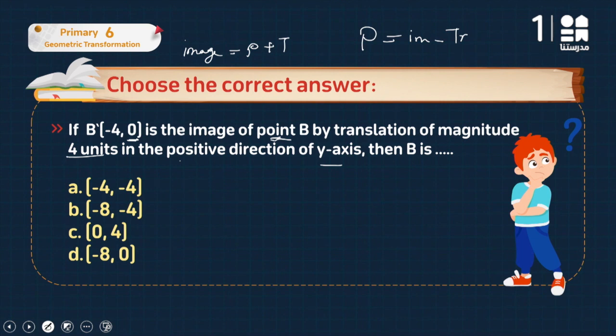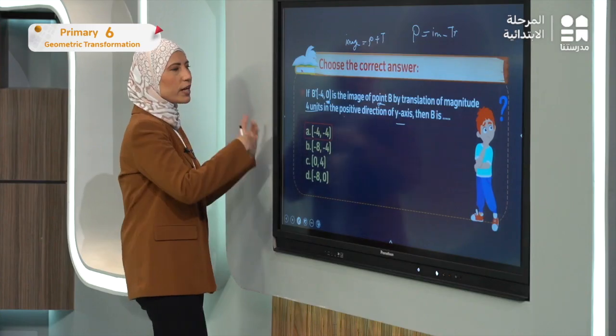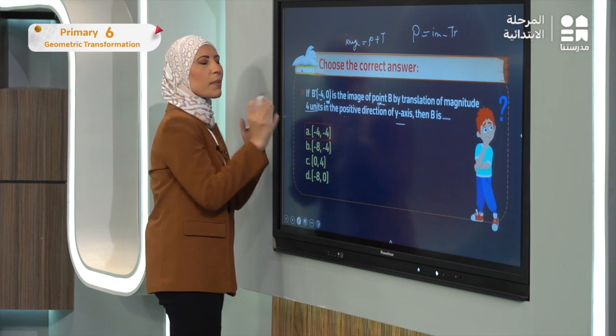طب ادي الايمج في الواي اللي هي الزيرو ماينس الترانسليشن ماينس الفور، يبقى كأنك بتعمل 0 minus 4. So you will going to write negative 4 and negative 4، لأن هنا الإكس أنا ما عملتش فيه حاجة.